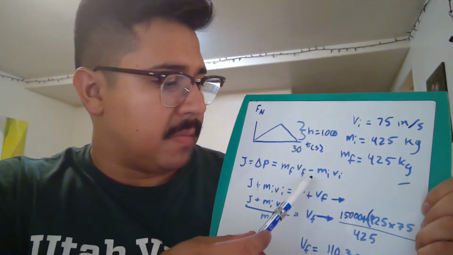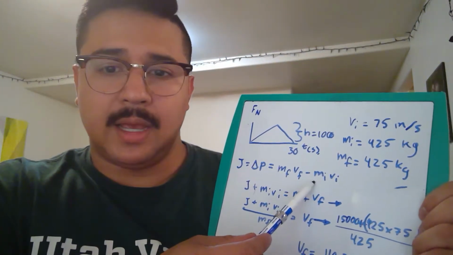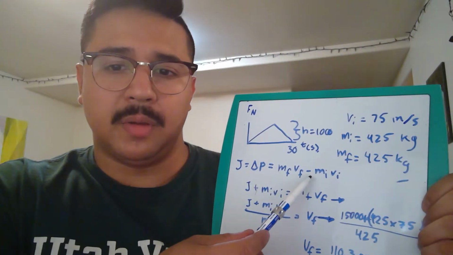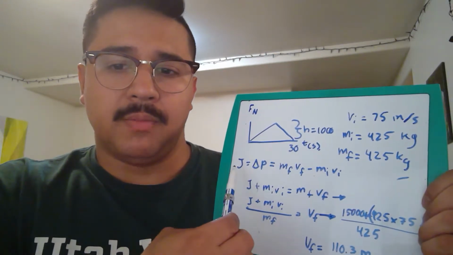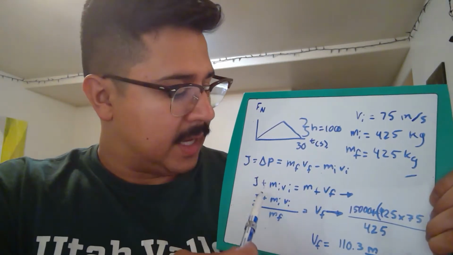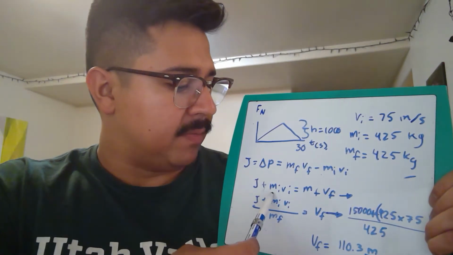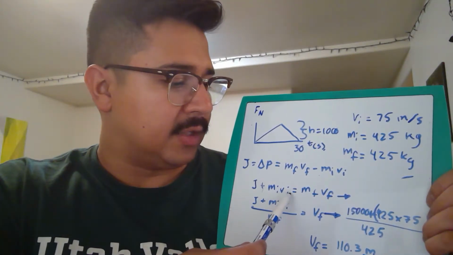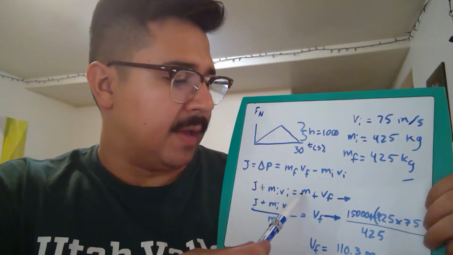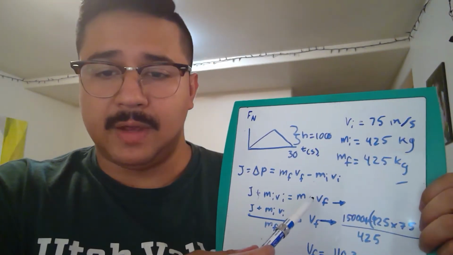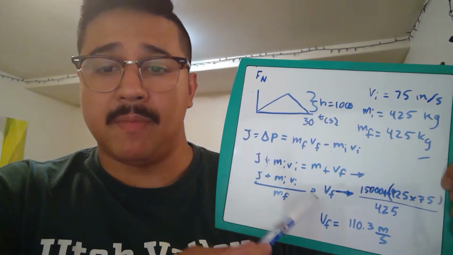We're going to add the initial momentum to the impulse side to get impulse plus mass initial times velocity initial is equal to mass final times velocity final, and then we're going to divide by the mass.